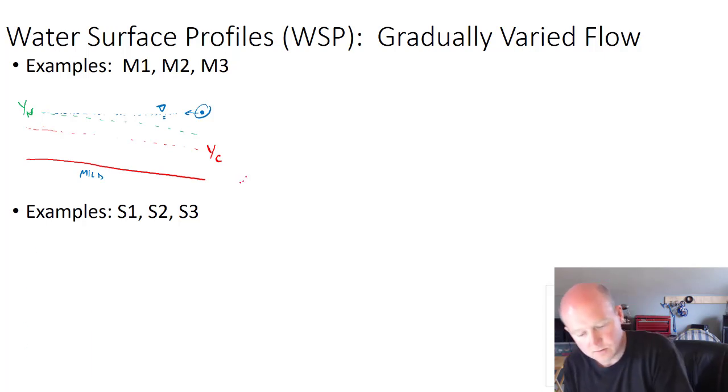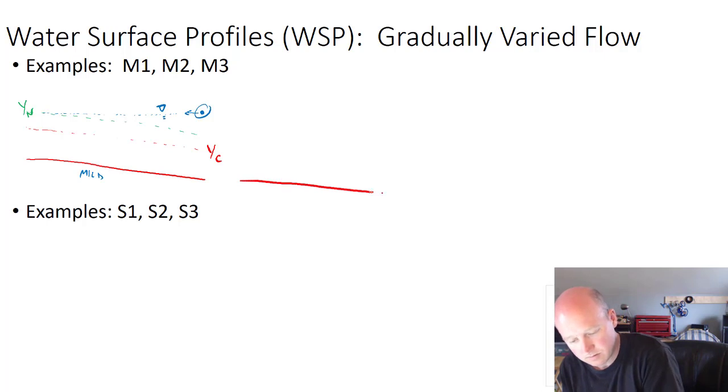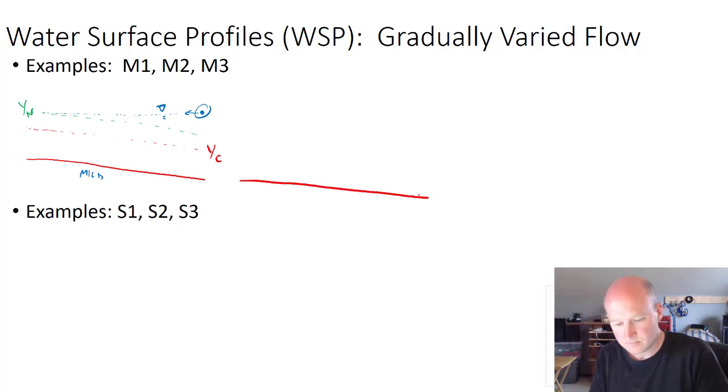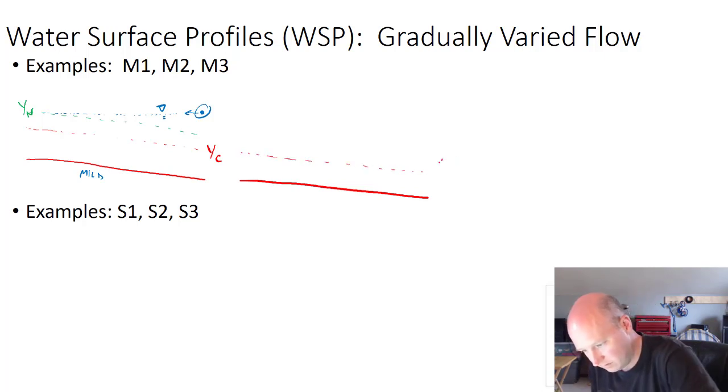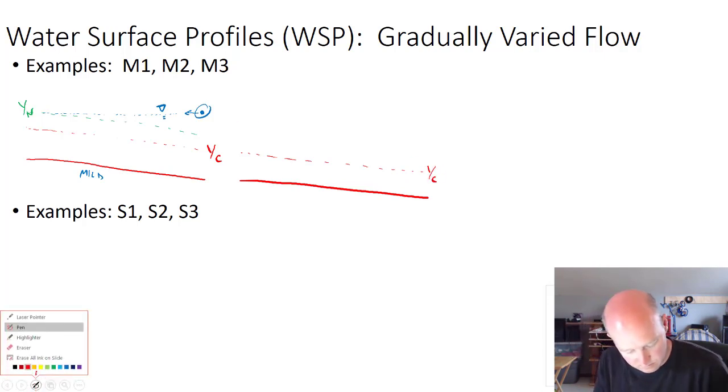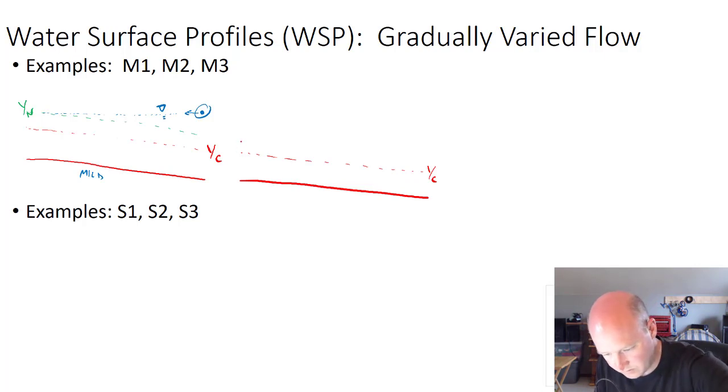How about in M2? So again, critical depth, and normal depth. So normal depth is greater than critical depth. That makes this a mild slope.